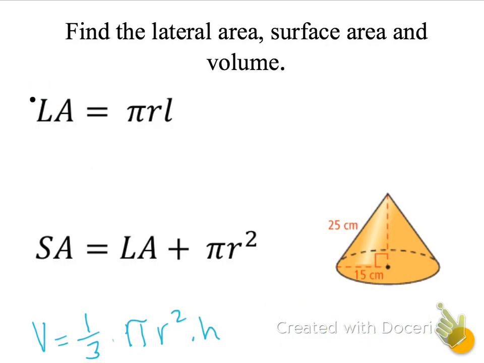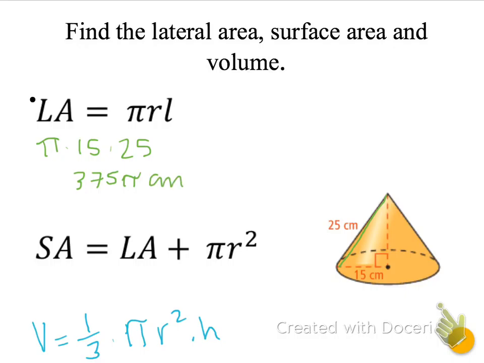Okay, find the lateral area, surface area, and volume. For our lateral area, we have pi r times our slant height, so pi times my radius, 15, times my slant height, this is the outside one, 25. So 25 times 15 is 375 pi centimeters.